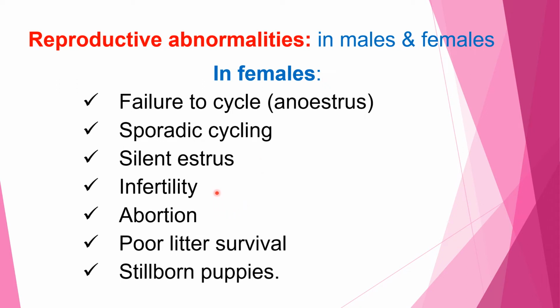Infertility, abortion, and poor litter survival, either stillborn puppies or even after birth, the litter may not survive. These are the common reproductive abnormalities in females.